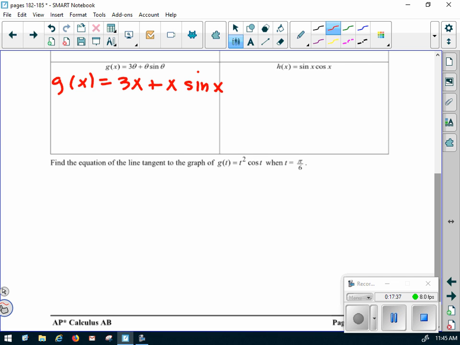I want you to look at g of x. Monomial, binomial, trinomial. What are we looking at? It's a binomial, 2 terms. What are the 2 terms? 3x and x sine x.